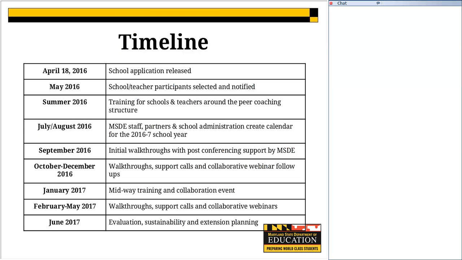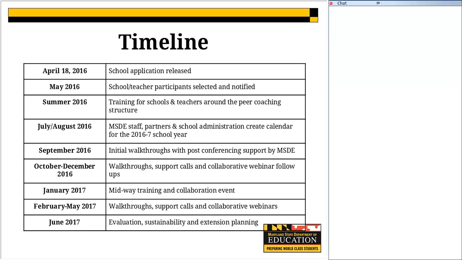Our timeline: our application was released, oops, that should say due, sorry. It was released last month. It is due the 18th, so sorry about that typo. So the application is due April 18th by the close of business.